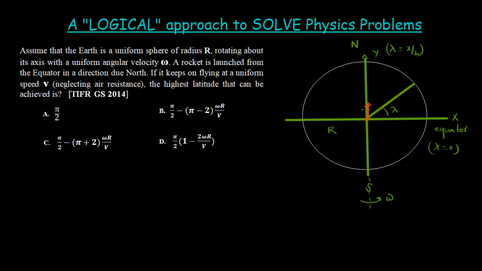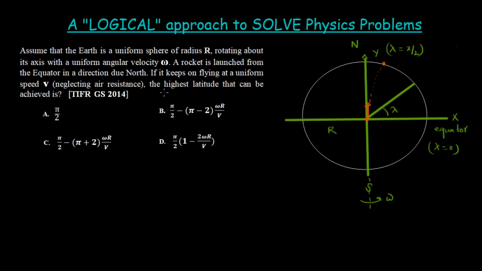As the Earth is rotating with velocity omega, due to this rotation this projectile will not go directly to the north pole, rather it will go somewhere here. This is a very common intuition, because the Earth is moving, so the projectile will land somewhere here.